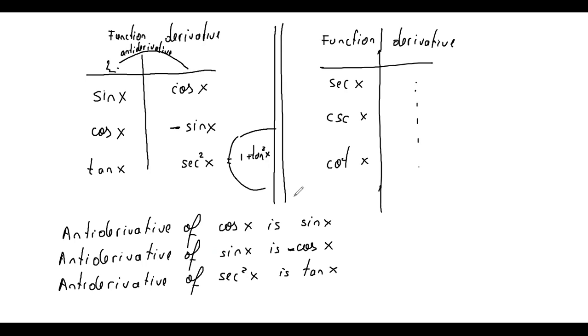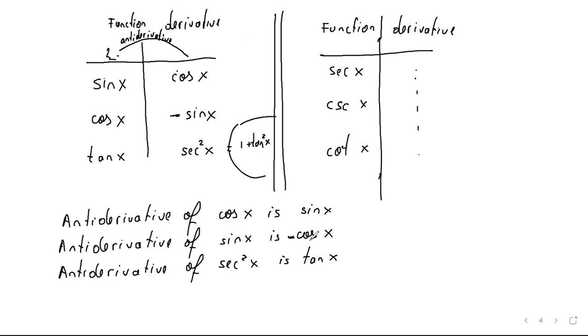So with that being said, we can recreate the table over here, at least the one on the left side, because I'm not going to do the one on the right side. We can recreate this table to talk about antiderivatives right now. I'm going to put those three formulas over here, and I'm not going to put them as a table or anything. I'm just going to line them up under each other.